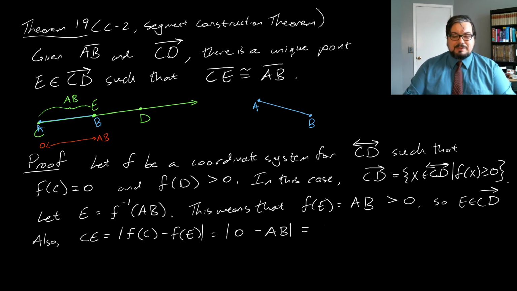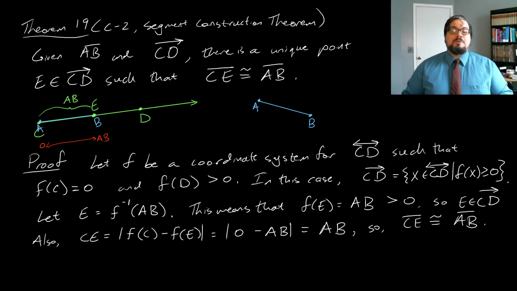And when we take absolute values of all that, we get AB. So that means that the distance from C to E is equal to the distance from A to B. So that means that the segment CE is congruent to the segment AB.